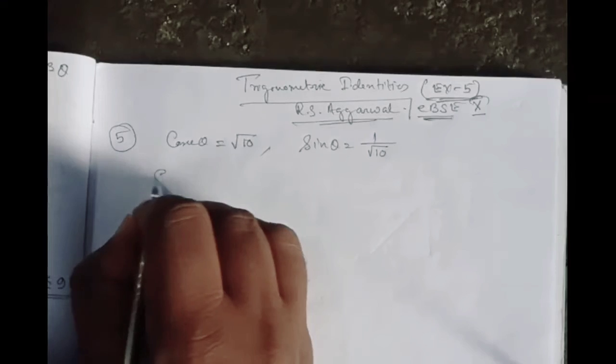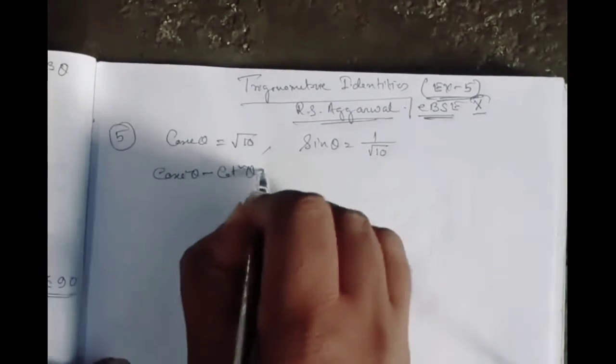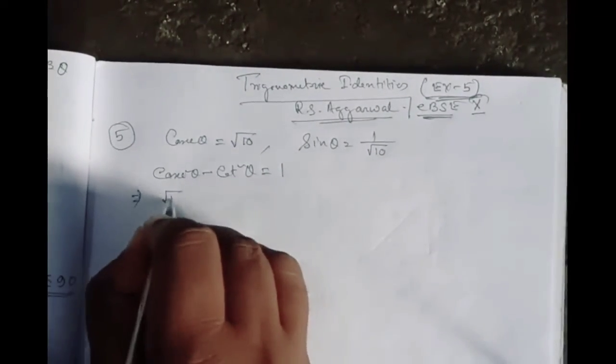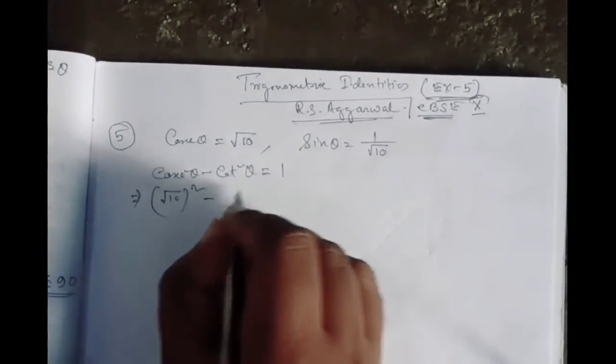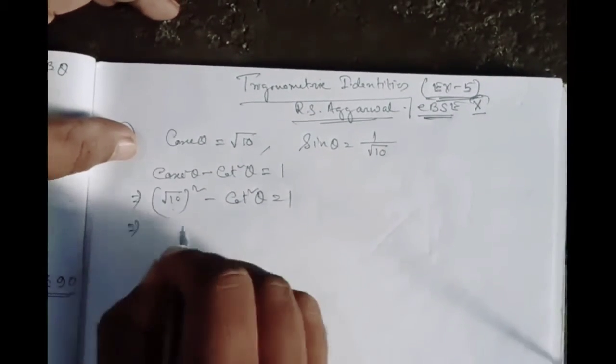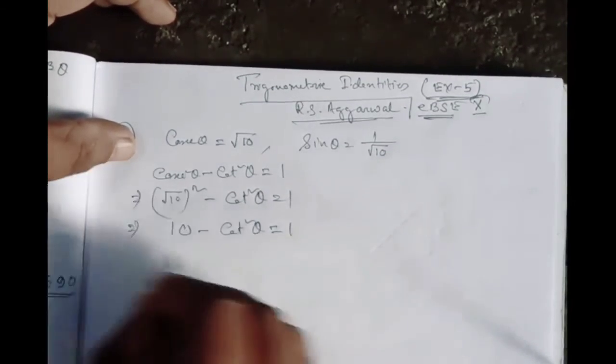So obviously we know cosec square theta minus cot square theta equals 1. Now cosec square theta is root 10 whole square, minus cot square theta equals 1, that is 10 minus cot square theta equals 1.